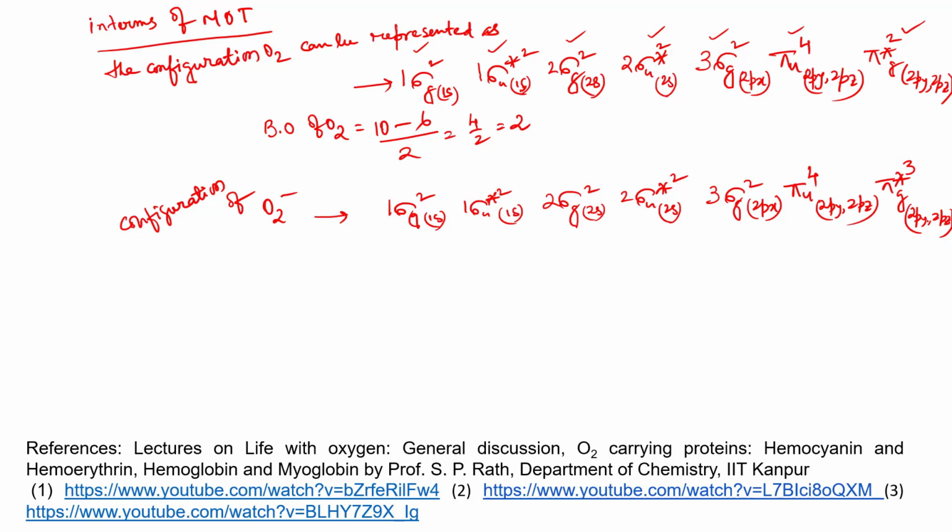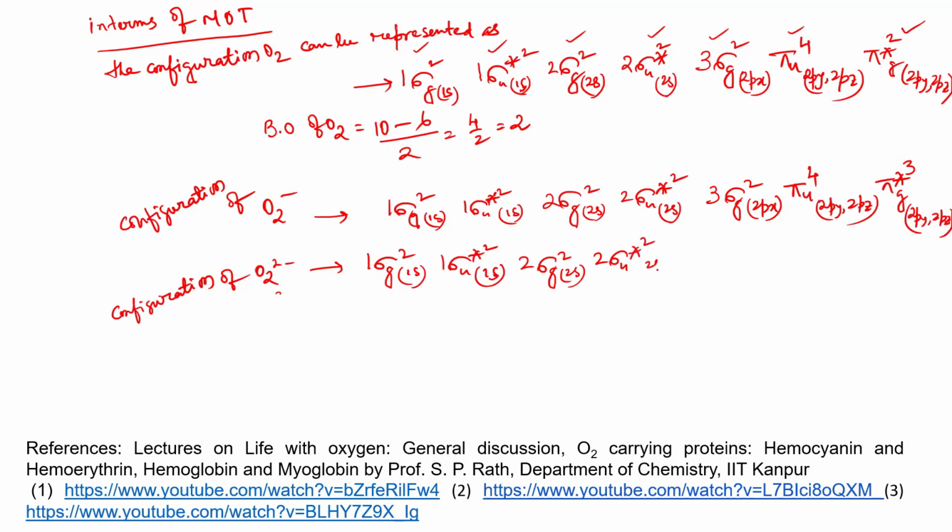Similarly, we can also represent the configuration of O2 2 minus, with one electron more than the O2 minus system and 2 electrons more than the O2 system.